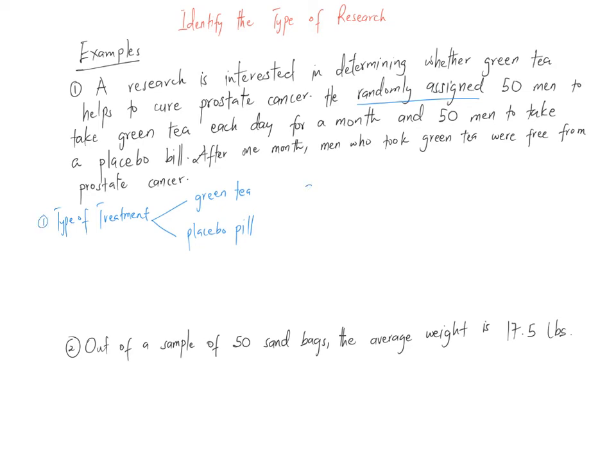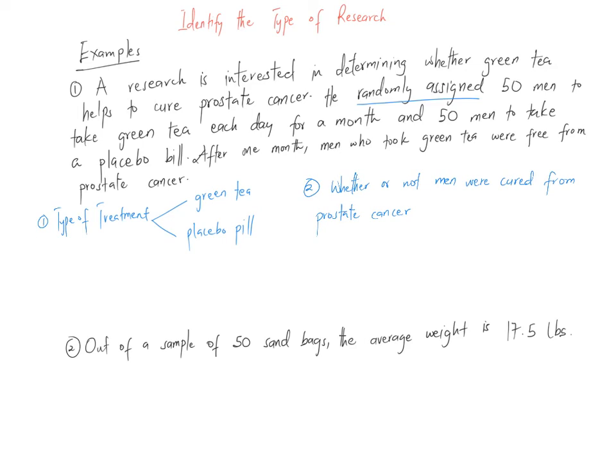Then the second variable here is whether or not men were cured from prostate cancer. So in this case, we have two variables, type of treatment and whether or not the men were free from prostate cancer.